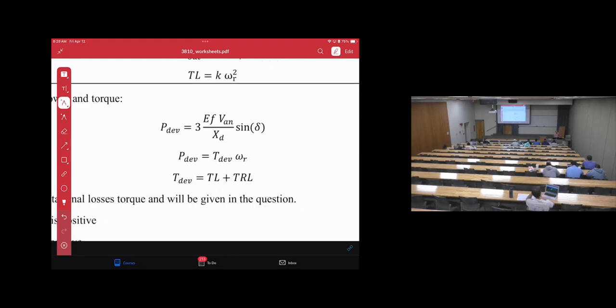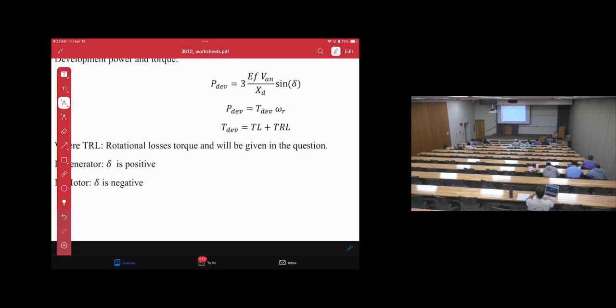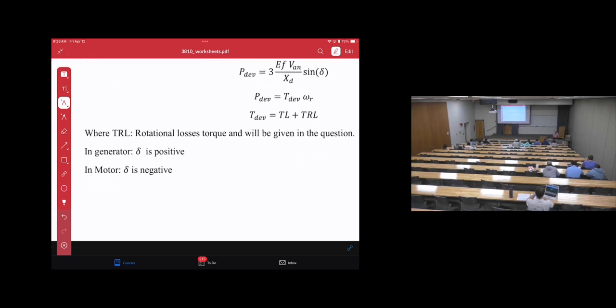And don't forget P dev equals 3 times EF VAN over XC sine delta. P dev equals the torque power characteristic, which is T times omega. Then T dev equals T sub L plus T rotational losses. We already discussed this in the previous slide. Okay? The last thing, delta. What's delta?